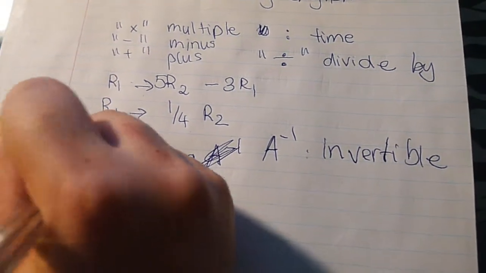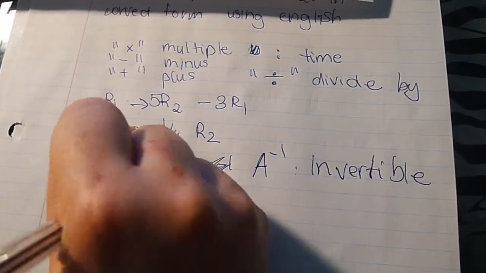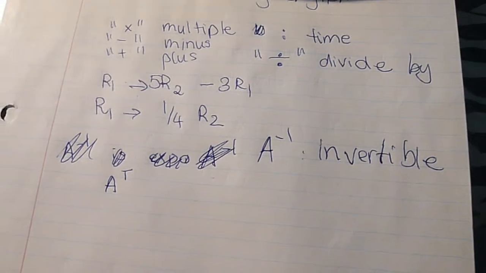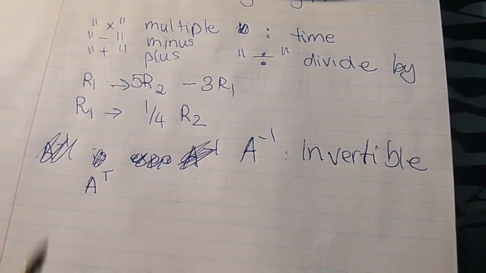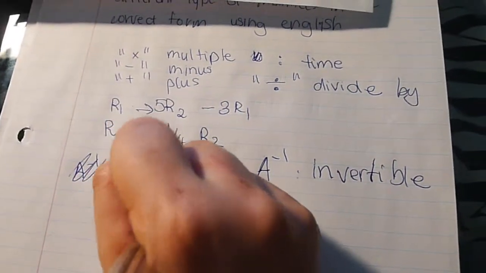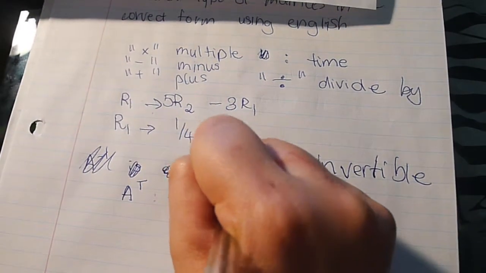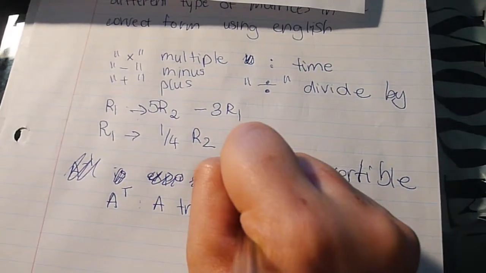It's a similar idea to a to the power of t. We don't say a to the power of t, but we say a transpose.